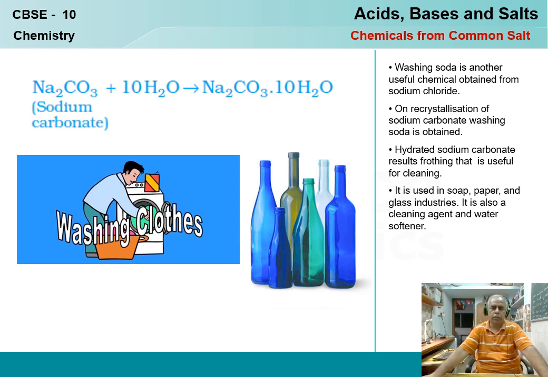Hardness of water means presence of some salt that disturbs the frothing action of soap. So in that case, this washing soda helps us as a softening agent. It removes certain salt, and that is why it can be directly used for washing clothes, and you can get very good frothing. So if you get better frothing, better foaming, then the cleaning action will be better, is it not?